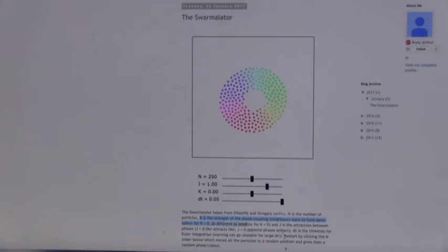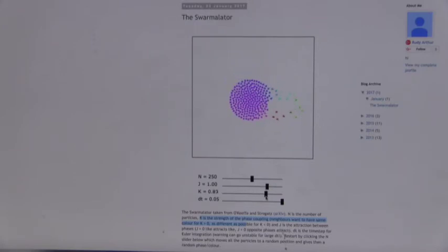So if I make K greater than 0 here, you'll see the picture changes. And what happens? Everybody is the same color. If I go back and I make it negative, and neighbors want to have different colors, then we get a jumble.